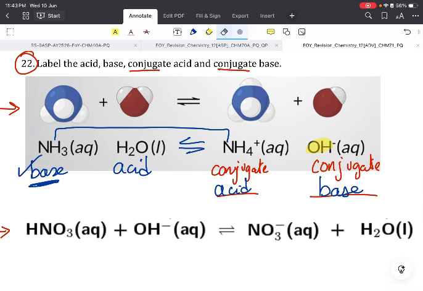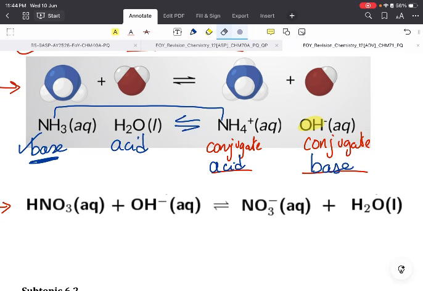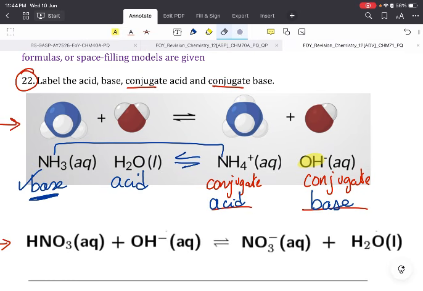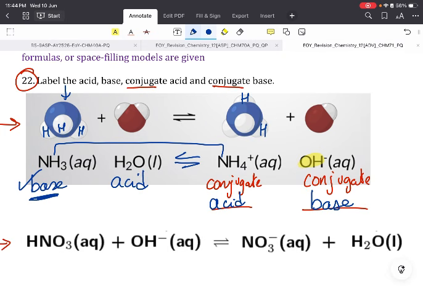There is another way to identify the conjugate acid, conjugate base, acid and base, and it is by looking at the migration of the hydrogen ion. If you look at this molecule, you're going to find that this one has 3 hydrogens. And if I compare it to the one obtained over here, I'm going to see that now it has 4 H's.